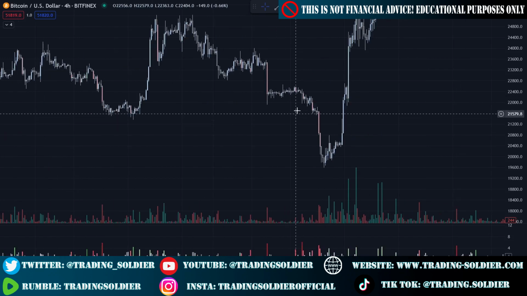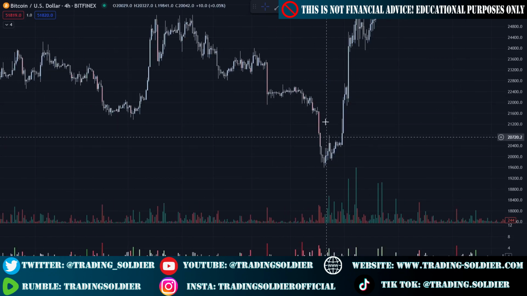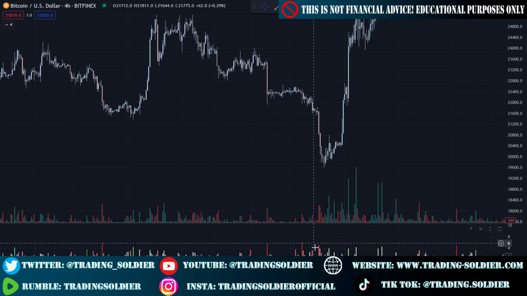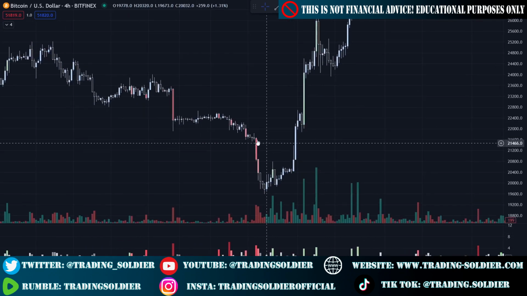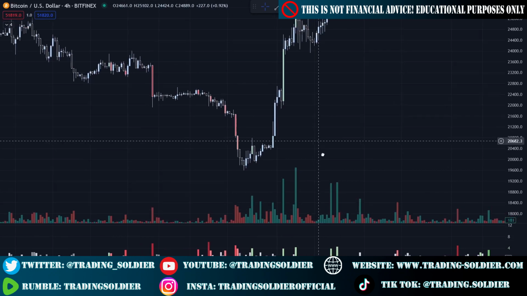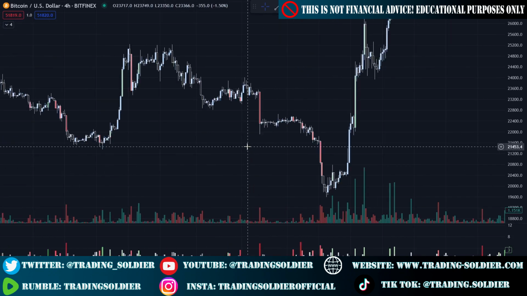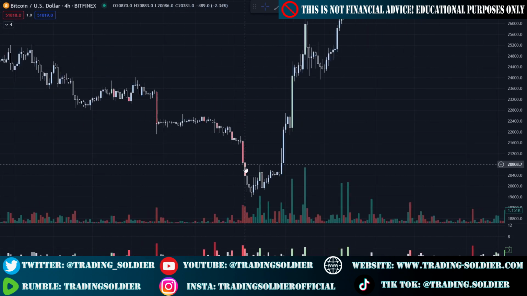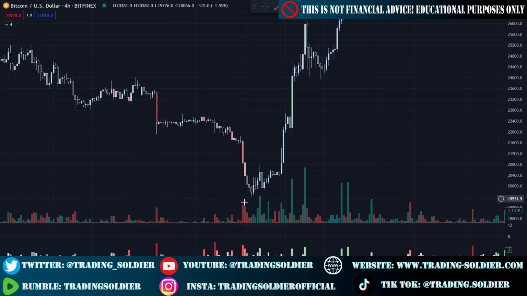But for breaking this support level and piercing this support area, we see that a lot of negative, selling volume entered, also relative, and the price action was very strong, the momentum was very strong. There were no weak liquidation wicks to the downside. So we can assume that for breaking this $21,000 support level, a lot of selling volume was entering here.